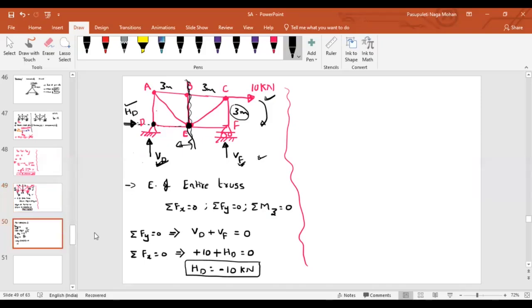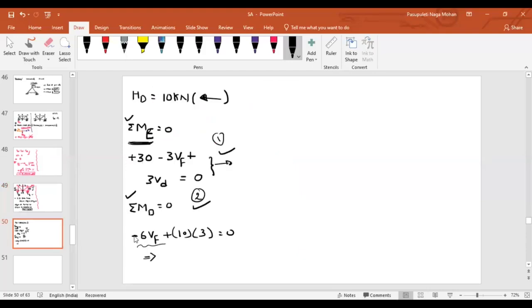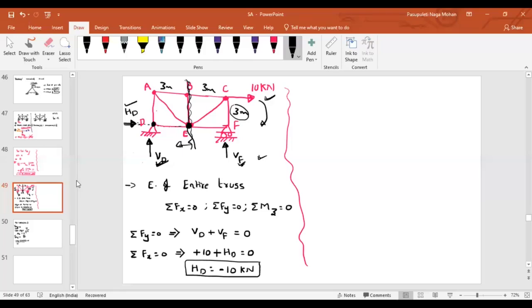If I consider moment at point D equal to 0, my equation is having which unknown? VF. Similarly, if I take summation of moments at point F equal to 0, my equation will consist of VD, isn't it? So that's why, if you are taking summation of moments at any support equal to 0, moments will not generate at that support.